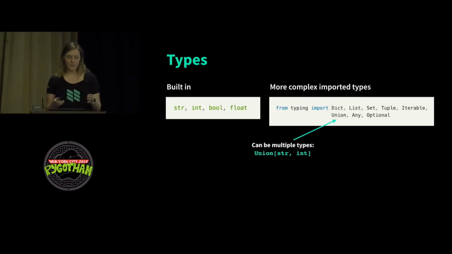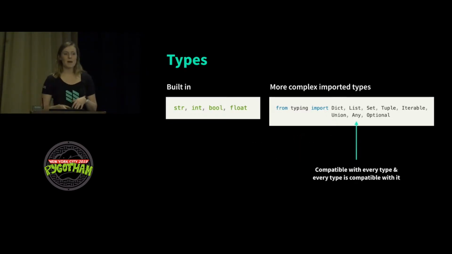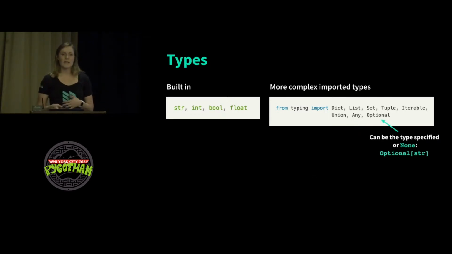It means this variable, if it's Union[str, int], is either a string or an integer. Any is compatible with every type, and every type is compatible with it. So Any is useful if you want to allow a variable to just be anything and you don't want to have to define a specific type for it. Optional says that it can be the specified type or None.